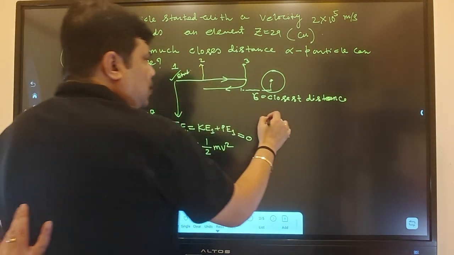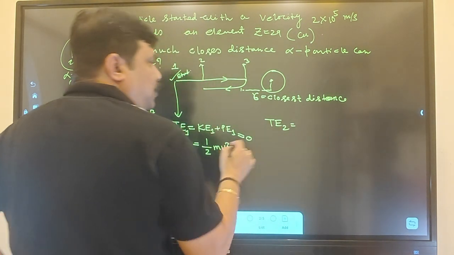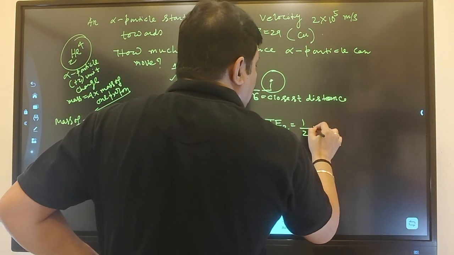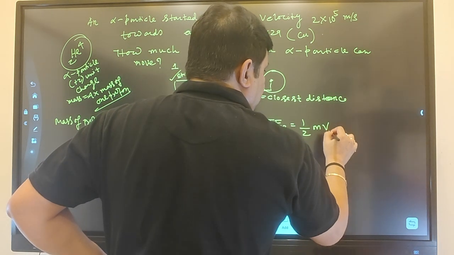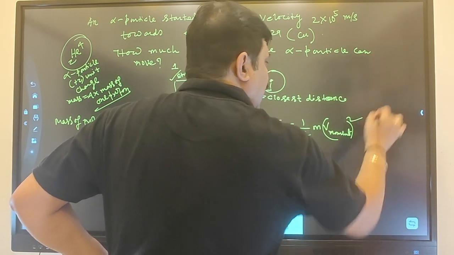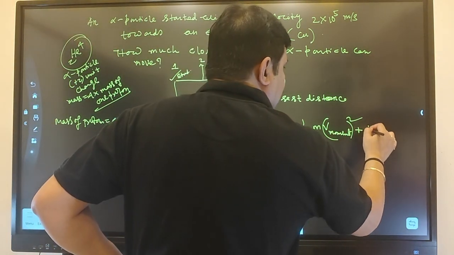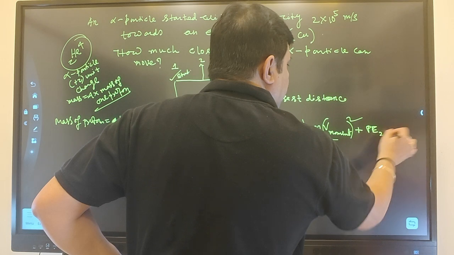Now at point 2, total energy 2 will be equal to kinetic plus potential, which is nothing but half into mass into velocity square at that moment, plus potential energy 2.